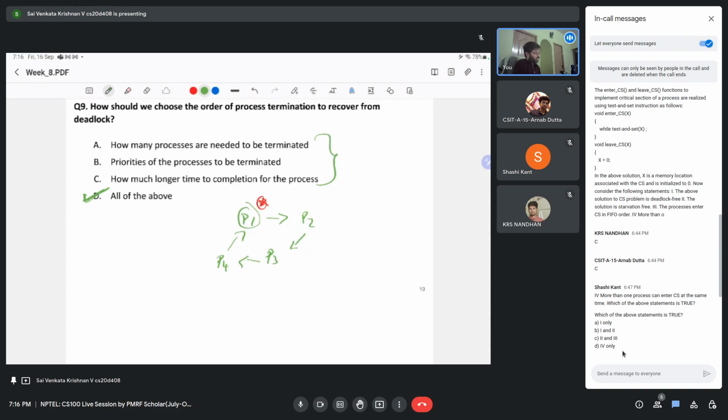And also say you are having multiple cycles in the same resource allocation graph. Just removing one process will break the cycles.